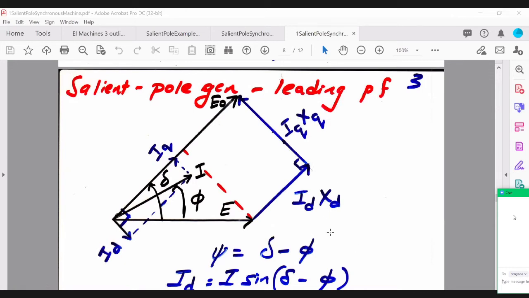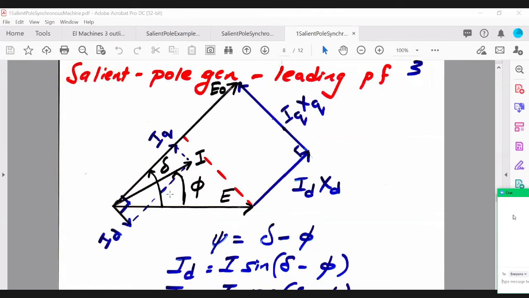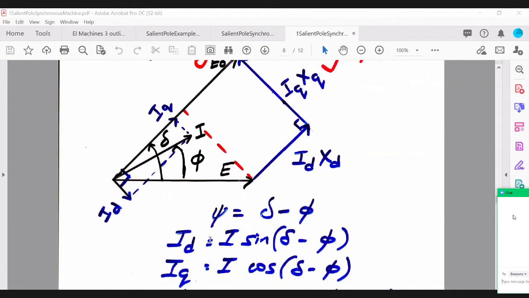And as you can see here from the phasor diagram, the angle between IQ and I here will now be the difference between angle delta and angle phi, to get this small angle here, which you require to resolve the current I. Okay, so if you look at the two equations there, ID now is equal to I sine of delta minus phi, and IQ is I cos of delta minus phi.